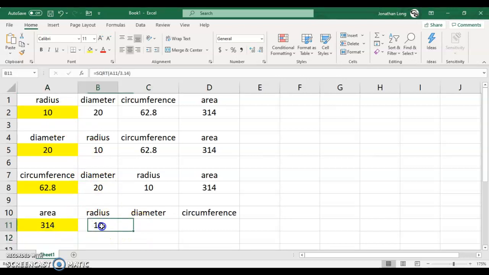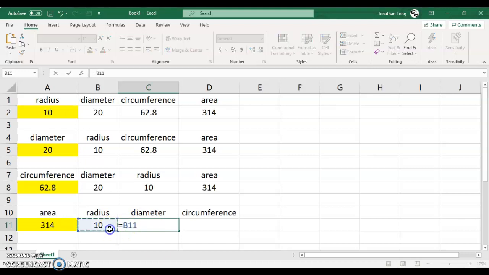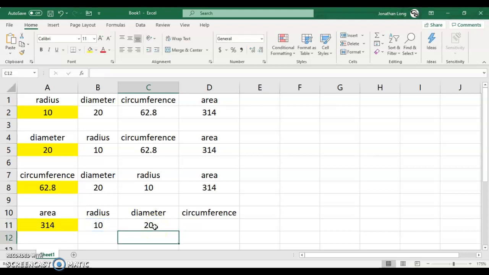All right, so now that I have radius, how do I get diameter? Well, diameter is the whole way across the circle, radius is halfway across. So I'm going to build this formula off the radius. Equals the radius times 2. So diameter is always double the radius, so equals, in this case, B11 times 2.